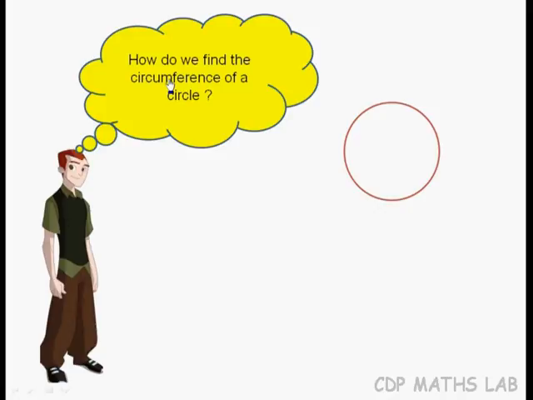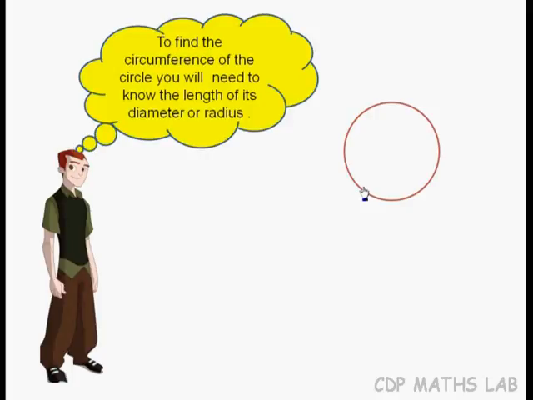How do we find the circumference of a circle? Now that's a question we're going to be answering. To find the circumference of the circle, you will need to know the length of its diameter or radius.